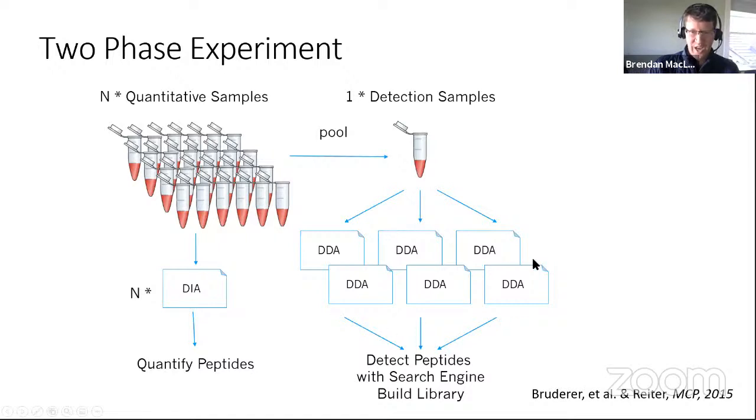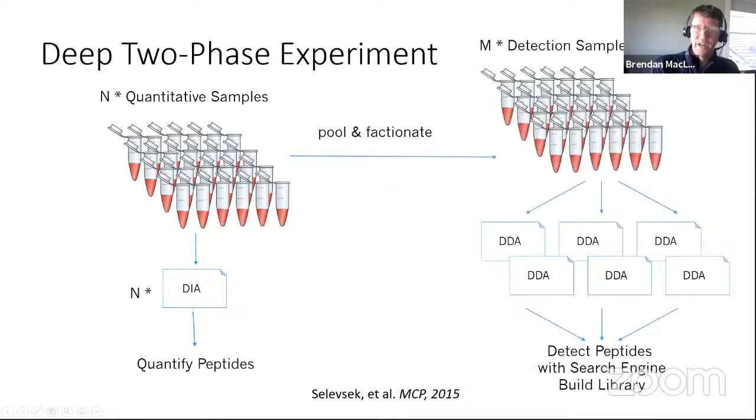Whereas here, our prior is weaker. We believe that we can see it on a mass spectrometer if we fractionate and make sure that it's a high abundance thing.